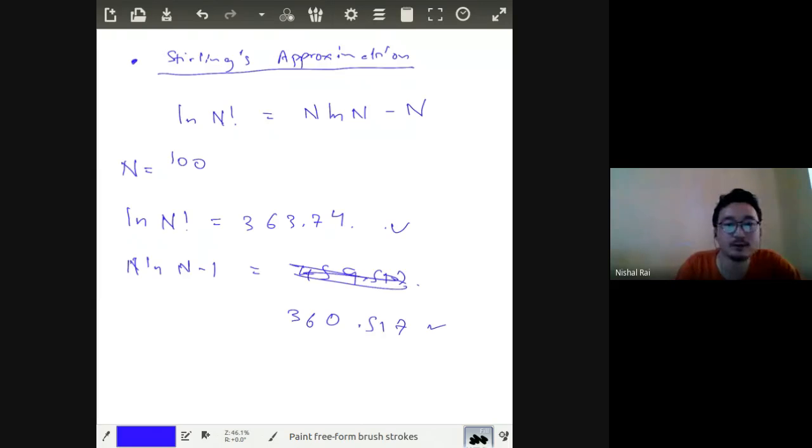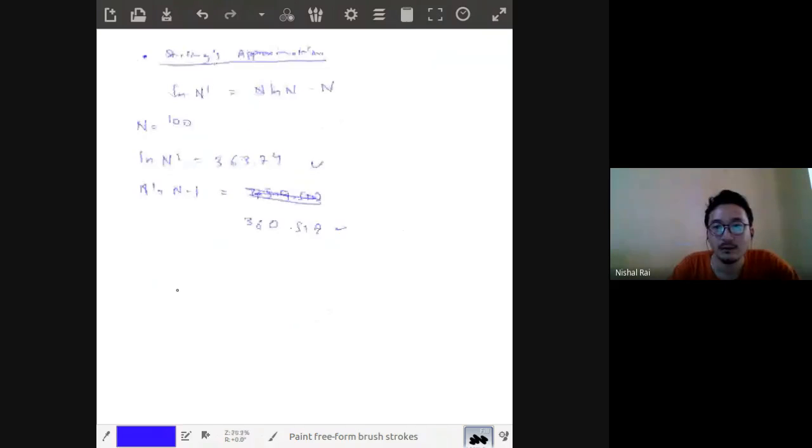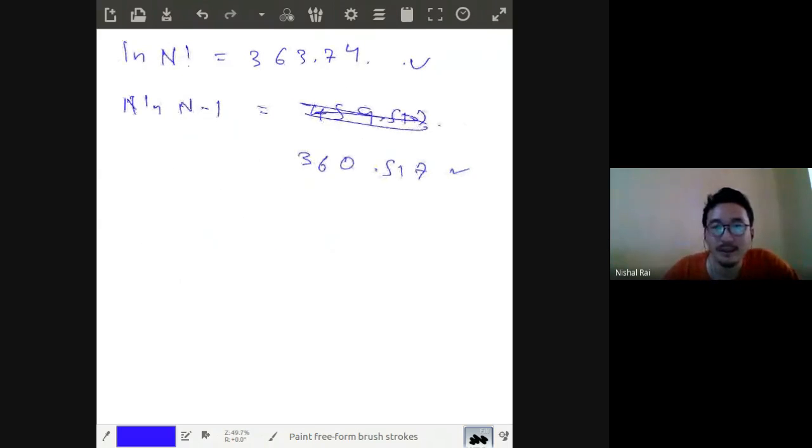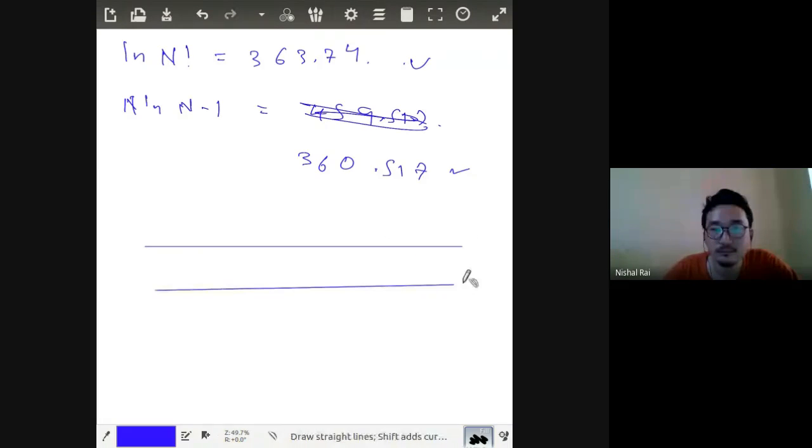Now, if we take this value to 1000, then how much are we getting? These are the two columns. Here we have log of n factorial. Here we have n log of n minus n.